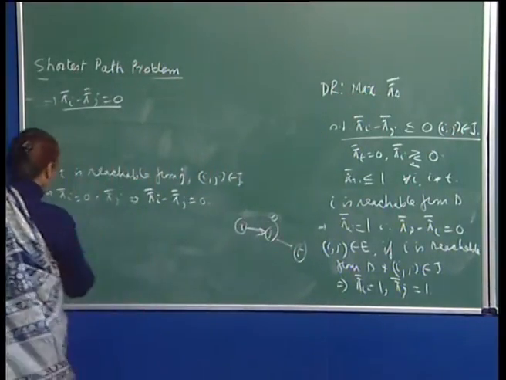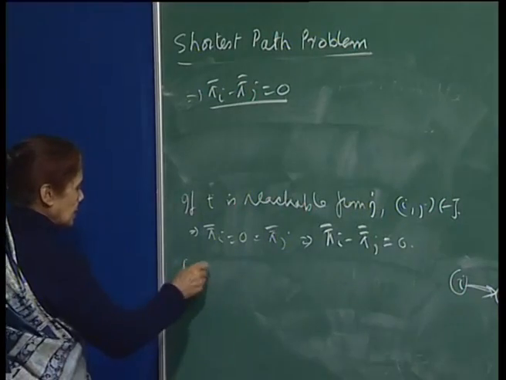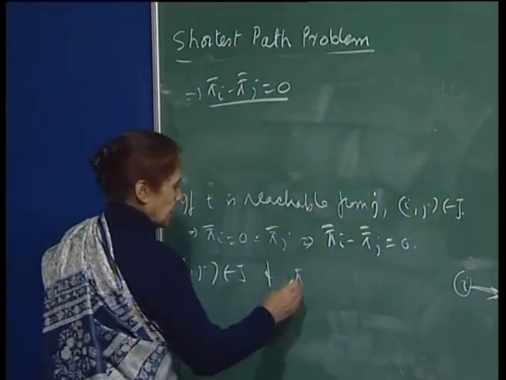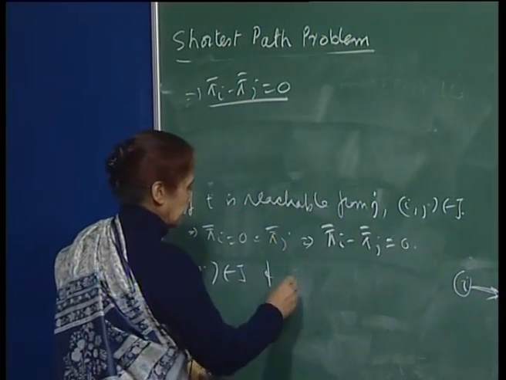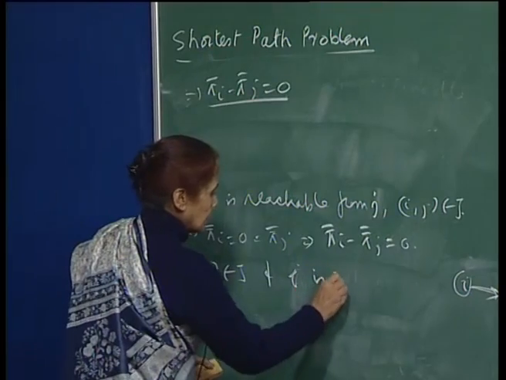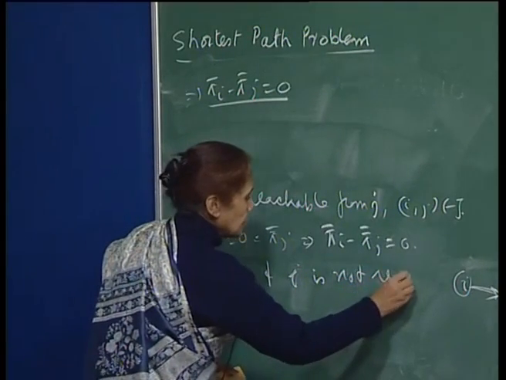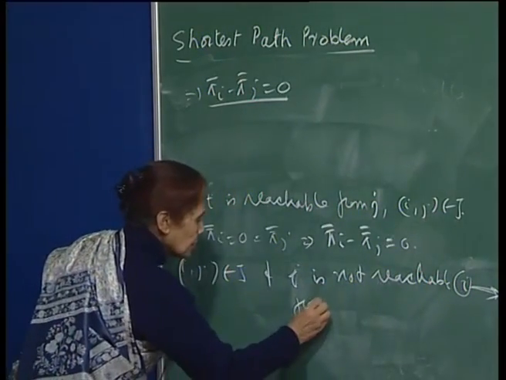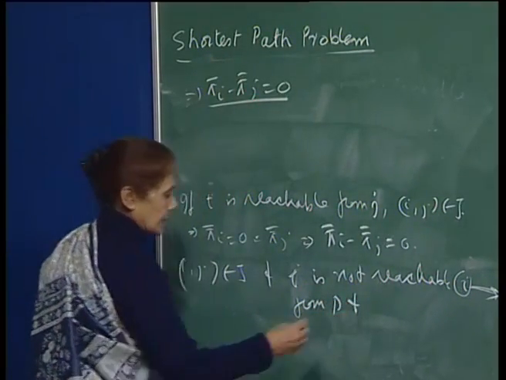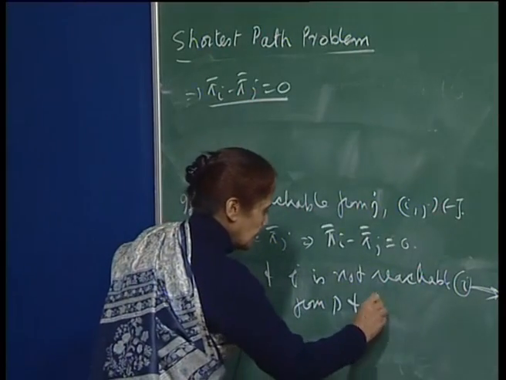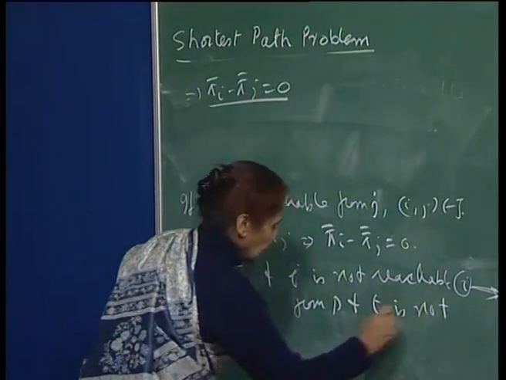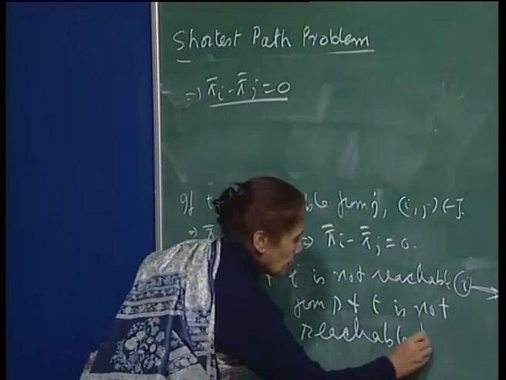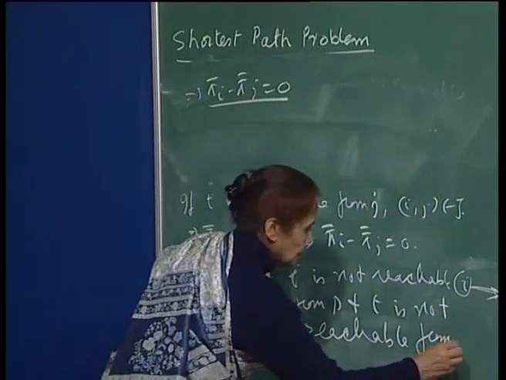The third case is that ij belongs to J, and i is not reachable from S, and t is not reachable from j.